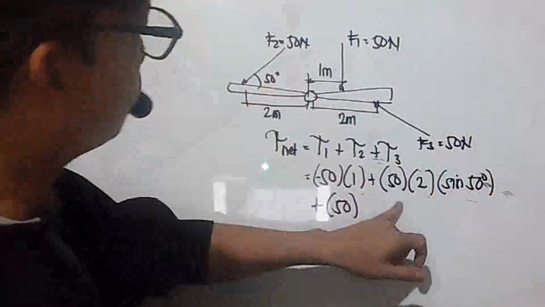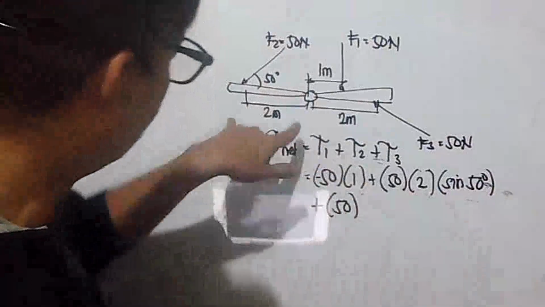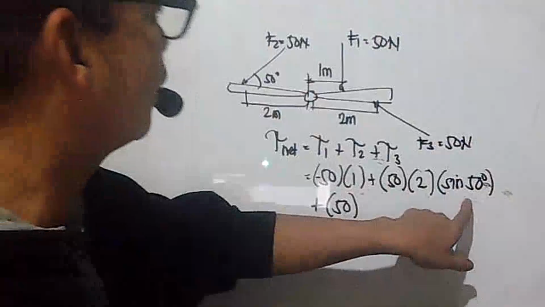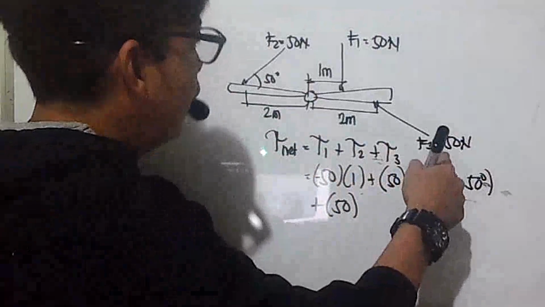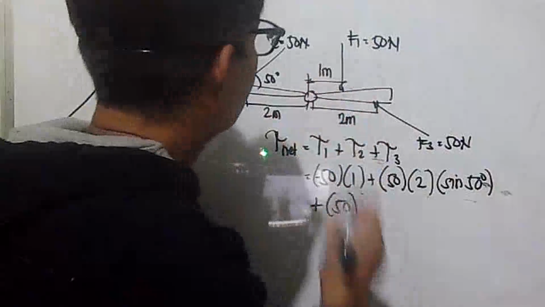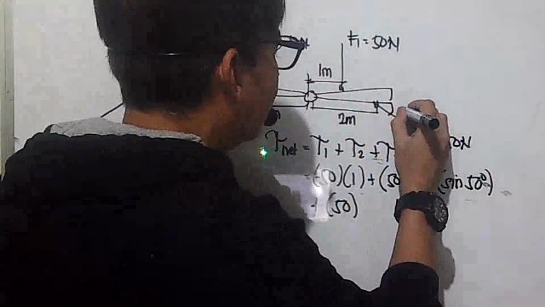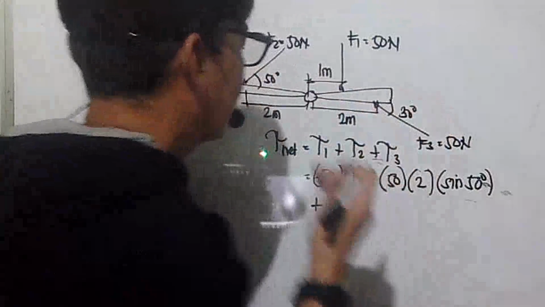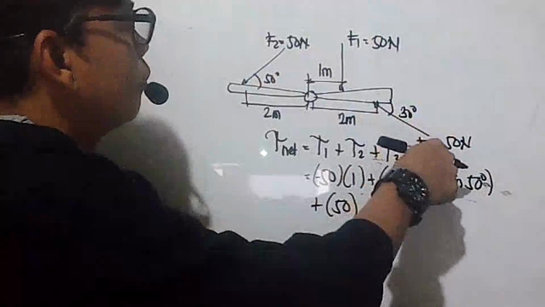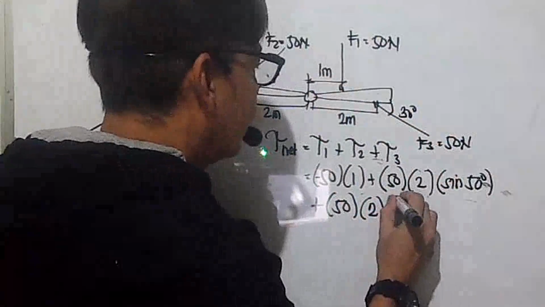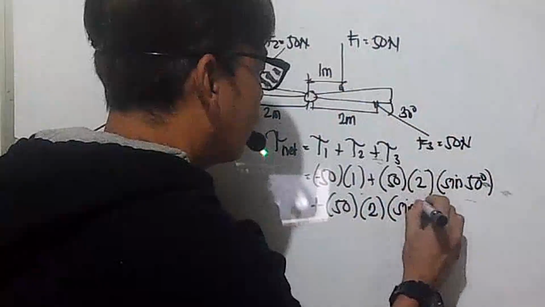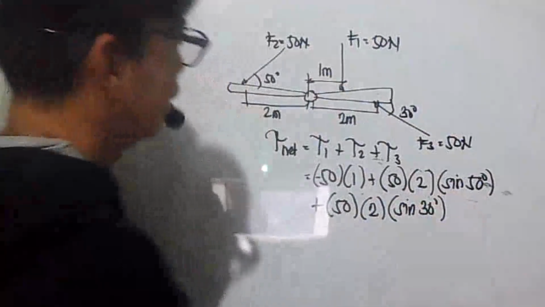So it is force multiplied by the distance L, and then by sine of theta, which is equal to 50 degrees. Next, F3, which is 50. There's no angle given here, so let's say it is 30 degrees. So 50 newtons multiplied by 2 distance, and then multiplied by sine of 30 degrees.